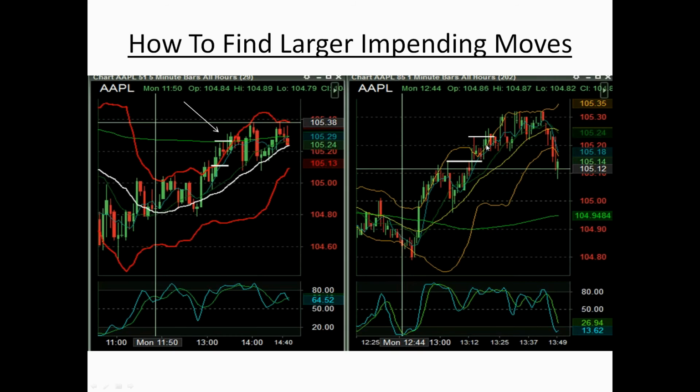So at this point, it comes back down, and most people will probably sell on this pullback. But if you see here, the 5 minute is also pulling back, but cannot break the 5 minute 5 MA. Does everyone see that? So the bulls are still in play here. That's what that means. The bulls are still in play. So as long as they're not breaking the 5 MA, I could continue to take this a little bit higher to the next upper BB.